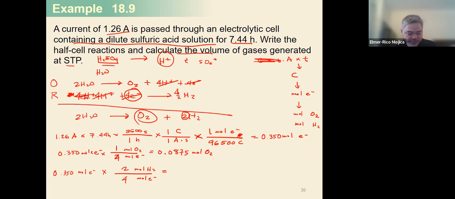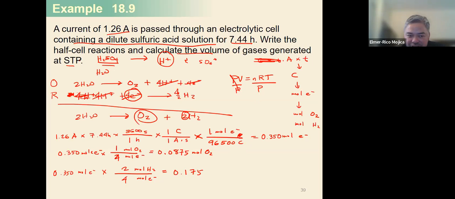Then 0.350 times 0.5, I have 0.175. And what will I do next to determine the volume? I go back to one thing that we should have learned in Gen Chem 1, PV equals nRT, and then I just divide this by P on both sides.